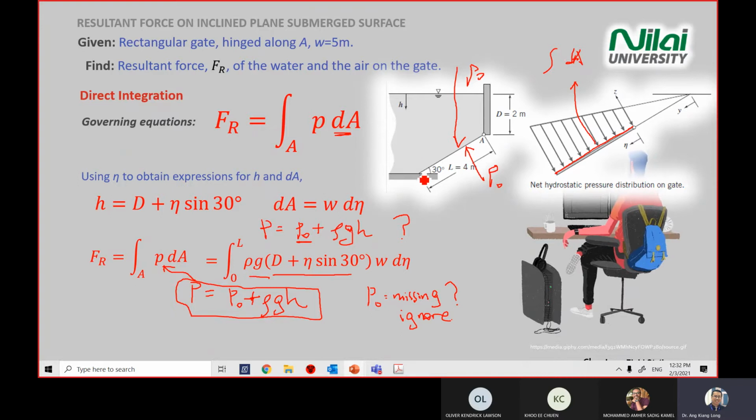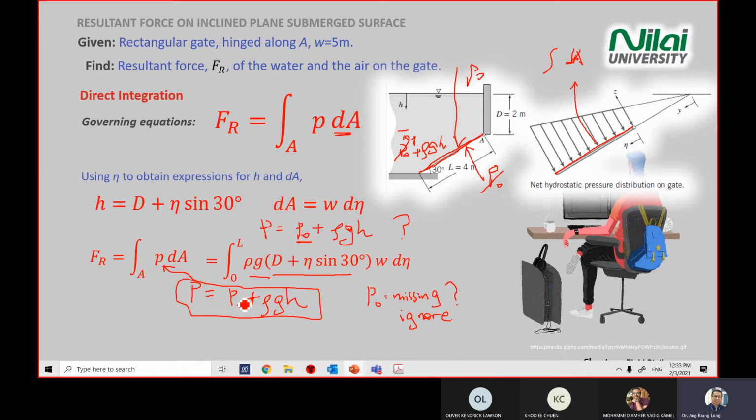So that's why, because the pressure acting on the top surface is P0 plus the hydrostatic pressure, which is rho g H. So when you want to find the total net force on the plate itself, you can cancel this one and this one.